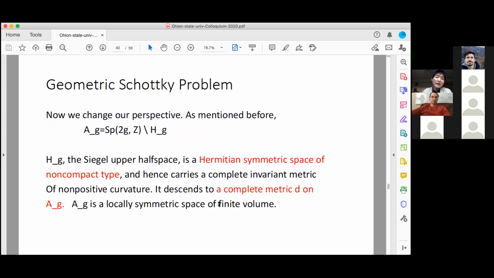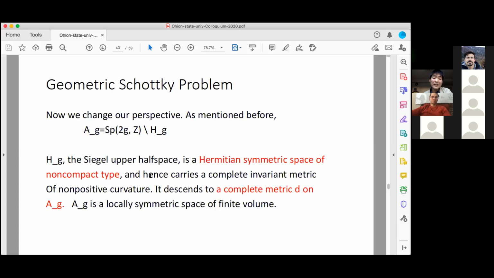Now I go to the geometric Schottky problem. As I mentioned before, A_g is a quotient of the Siegel upper half space by Sp(2g, Z). The Siegel upper half space is a Hermitian symmetric space of non-compact type. Therefore, it carries a complete invariant Riemannian metric of non-positive curvature.